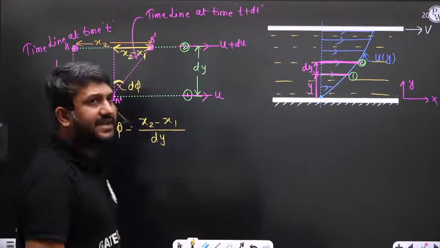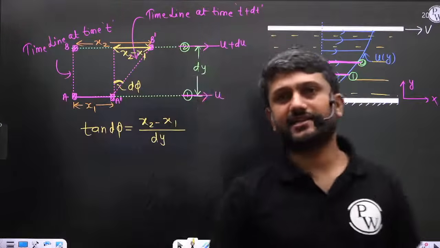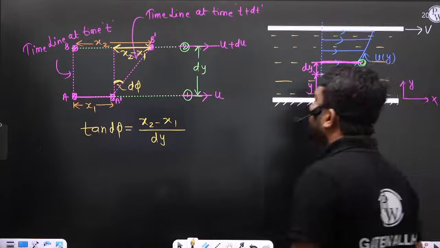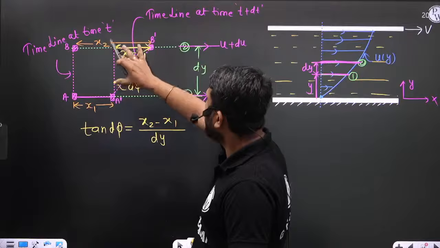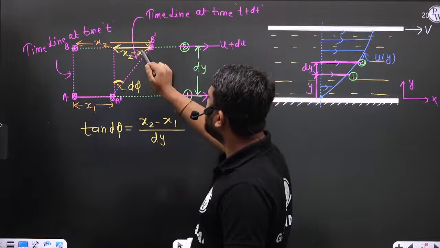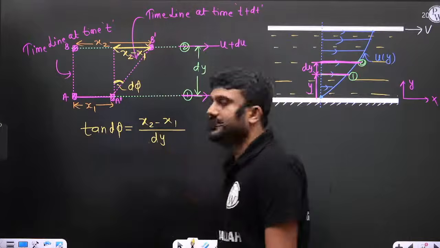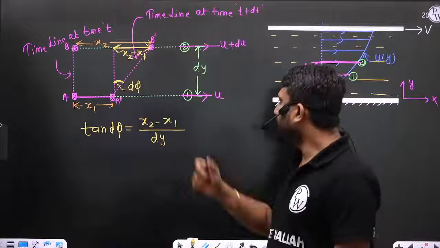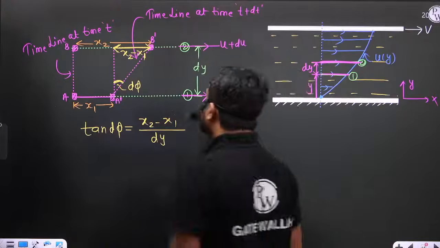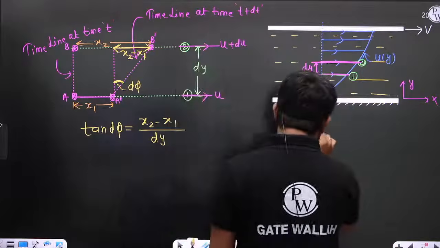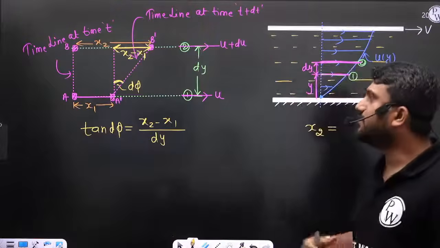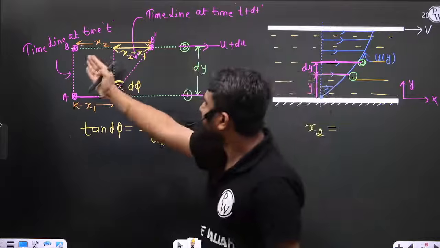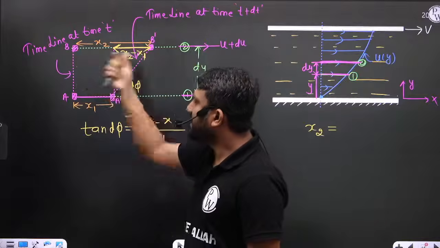Tan theta is equal to perpendicular divided by base, so x2 minus x1 divided by dy. And what is x2? That x2 is nothing but the distance traveled by particle B in dt time interval.